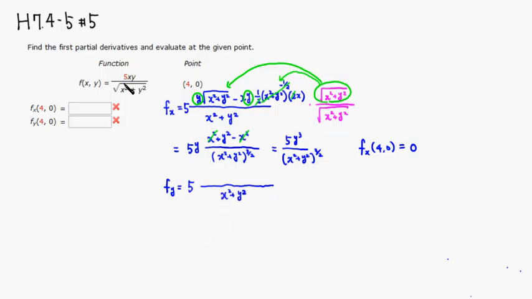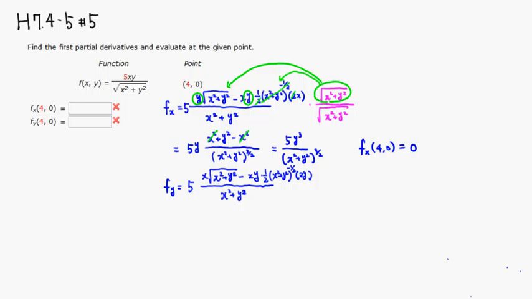The derivative of the top is going to be x times the bottom, the square root of x squared plus y squared, minus top xy, and then the derivative of the bottom with respect to y is pretty much the same as before, except that when you multiply by the derivative of the inside, it would be 2y instead of 2x.